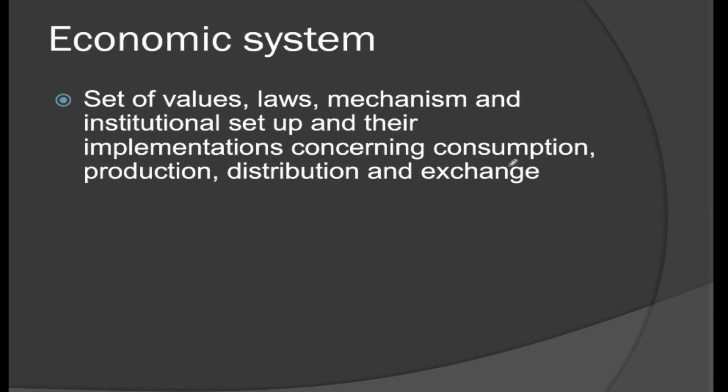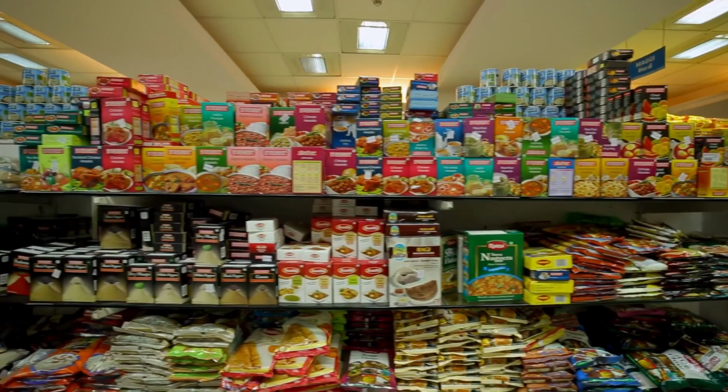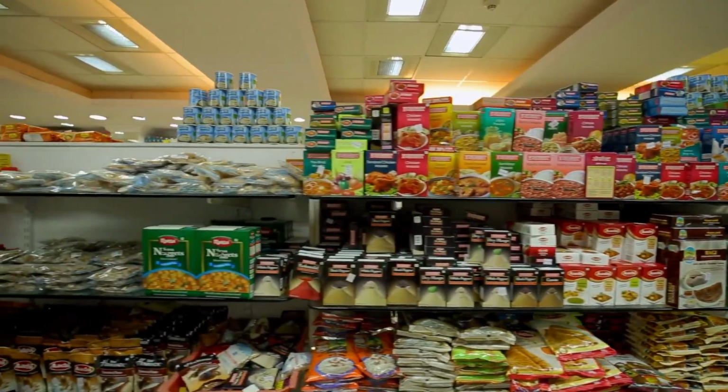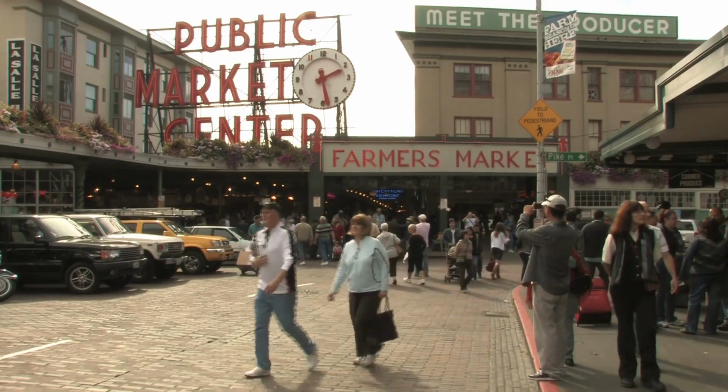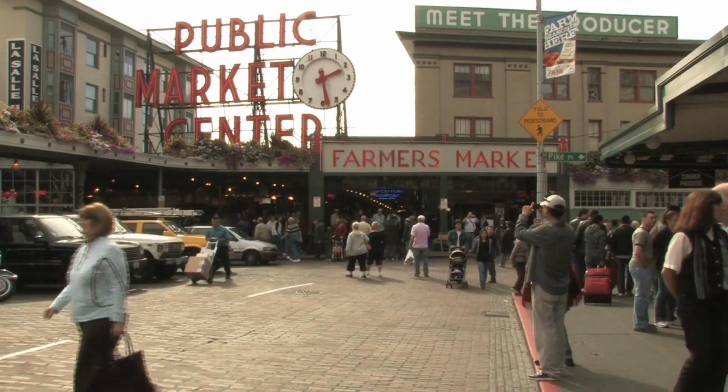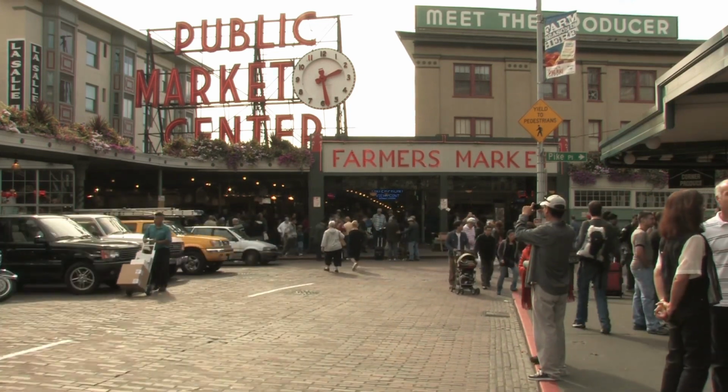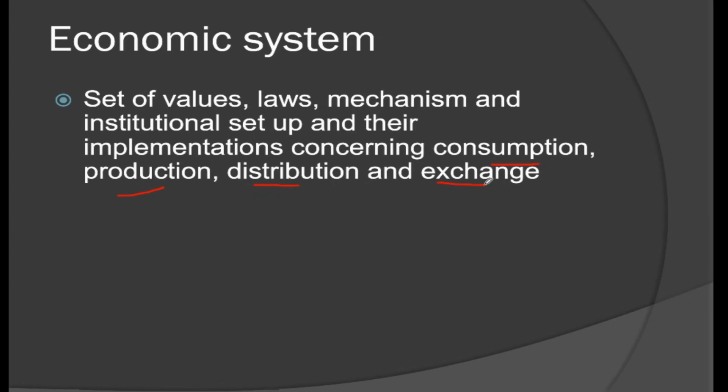Some major economic activities that will be of our interest throughout the discussion would involve consumption, production, distribution, and exchange. So these are four major types of economic activities. There are many other economic activities. So when we say an economic system, the values underlying the system is important.